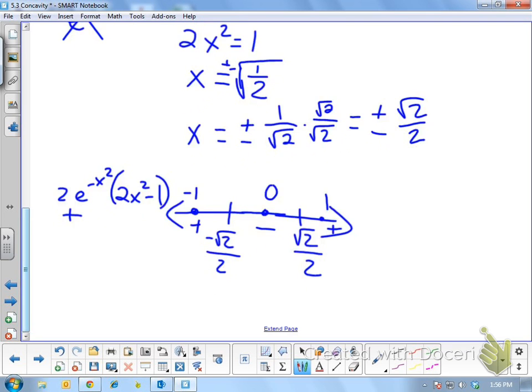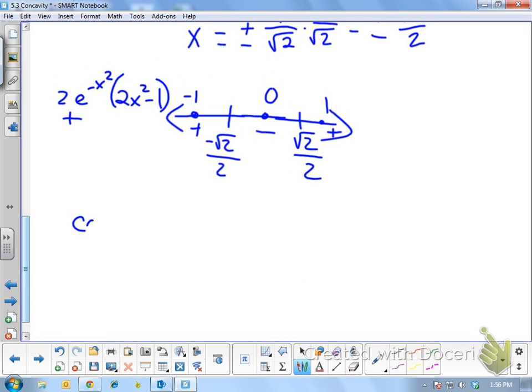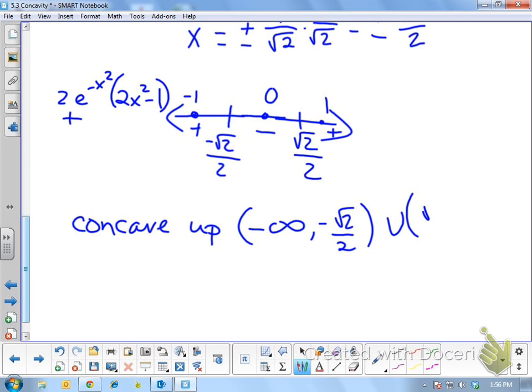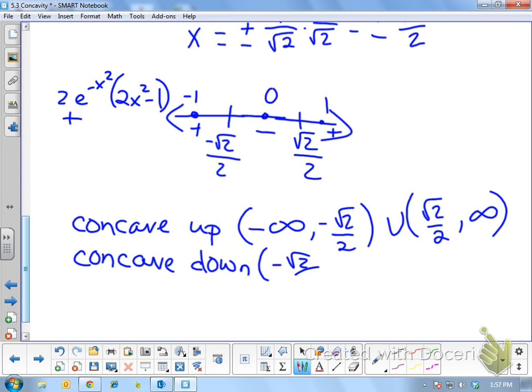So now I know my intervals are concave up from -infinity to -√2/2 and √2/2 to infinity. Concave down between those two values, between -√2/2 and +√2/2.